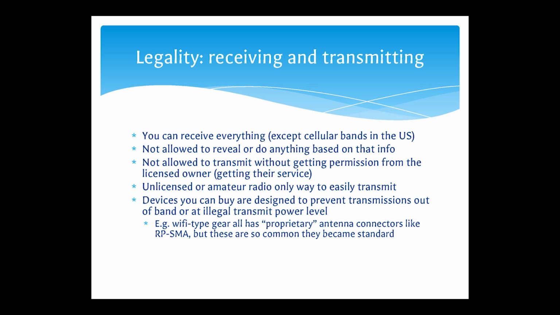And in both those last cases, most of the devices you buy, if they went through the FCC OET process, are designed to prevent transmissions that are either out of band or at illegal transmit powers. There are some funny cases like that.